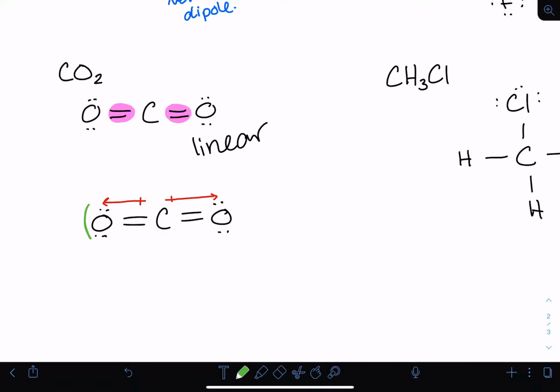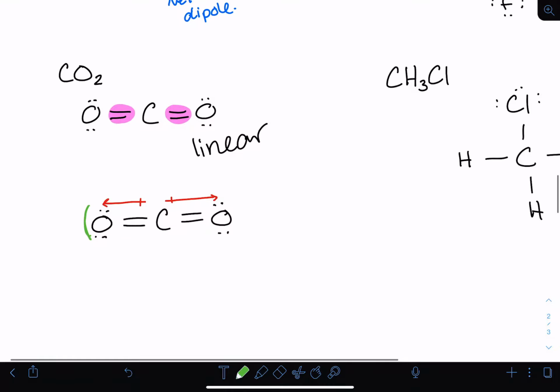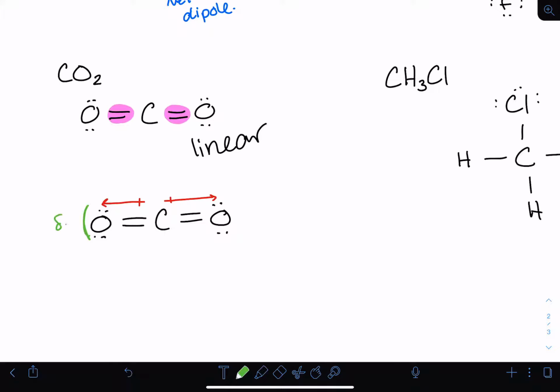We would have a little bit of negative, that was really ugly, let's try again. A little bit of negative charge over here. Also a little bit of negative charge over here. We have the same charge on opposite ends, means this is non-polar.